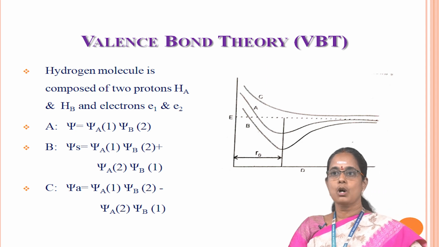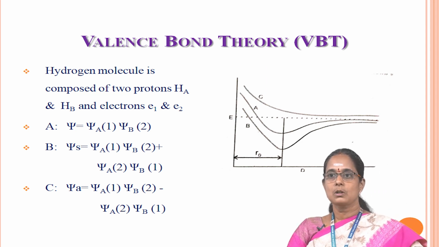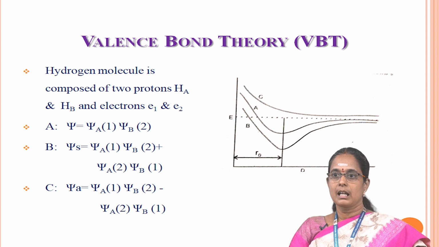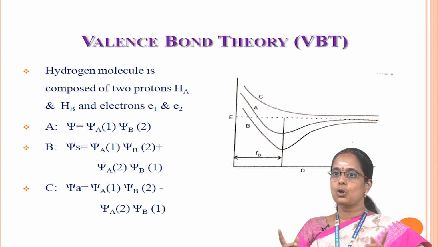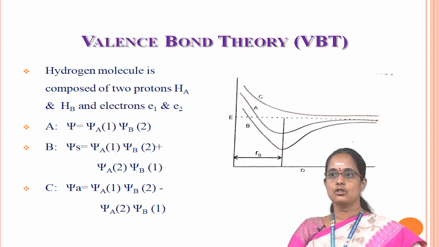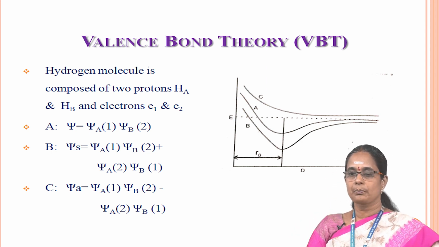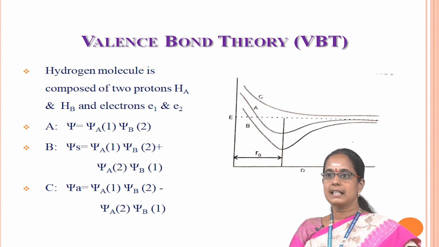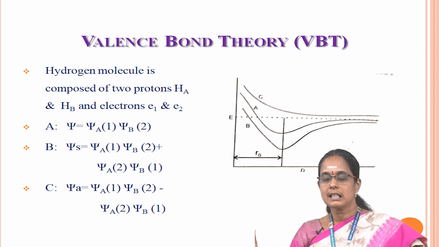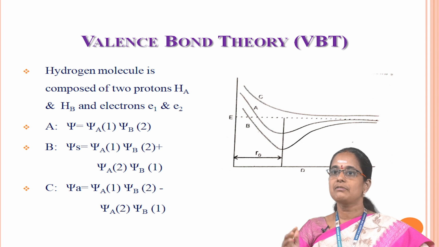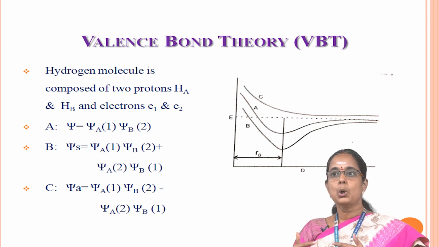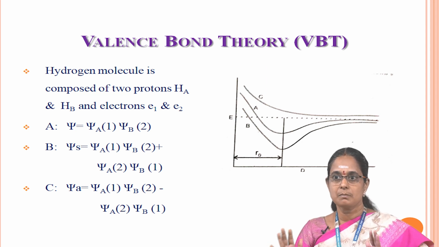A hydrogen molecule, that is H2, is composed of two protons, Ha and Hb, and two electrons, E1 and E2. Let us consider the first instance: two hydrogen atoms lying far apart from one another, so that no interaction between them is possible.